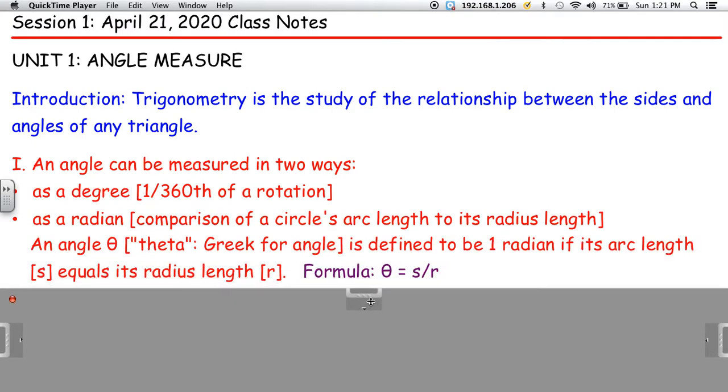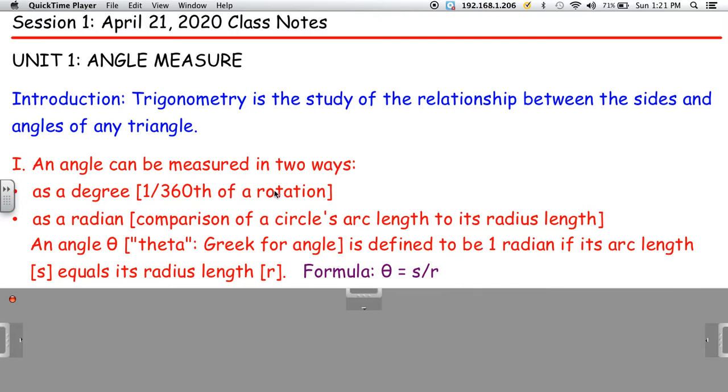Some definitions here: we say that an angle theta, because I use this symbol quite a bit, it's just the Greek word for angle, is defined to be 1 radian.